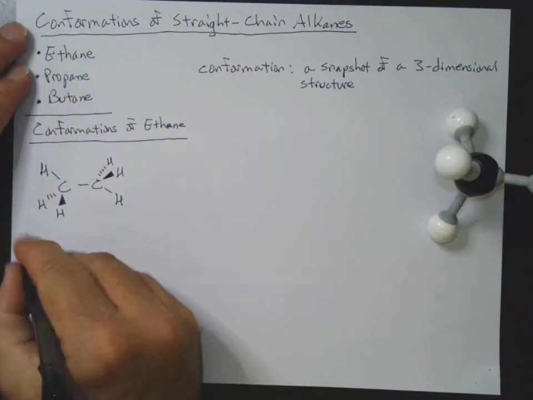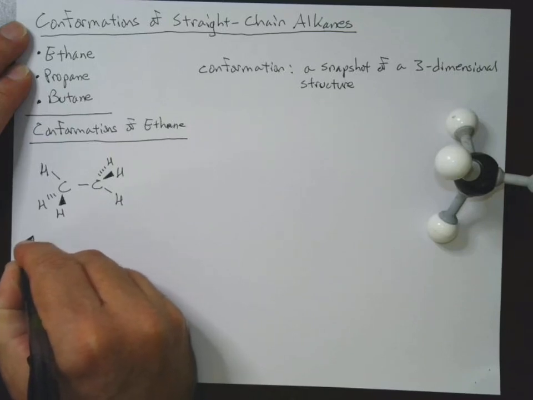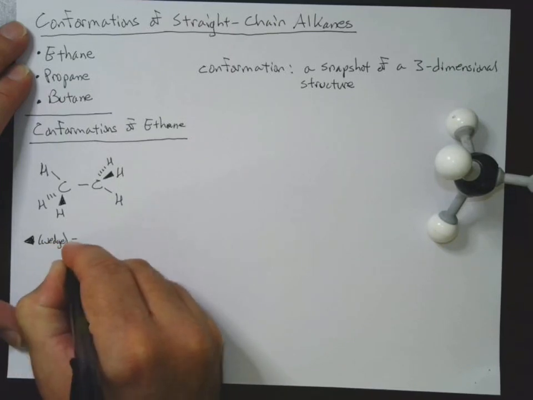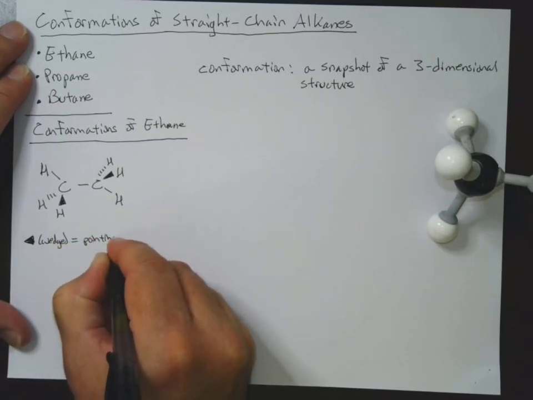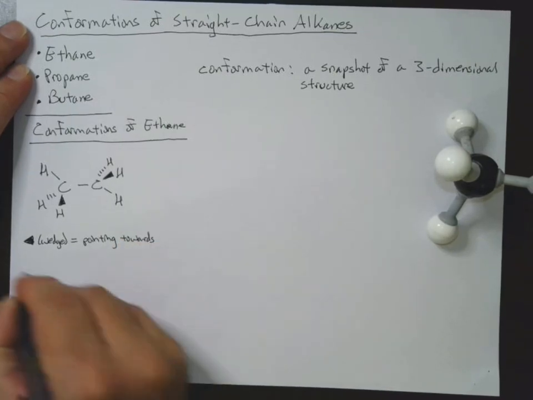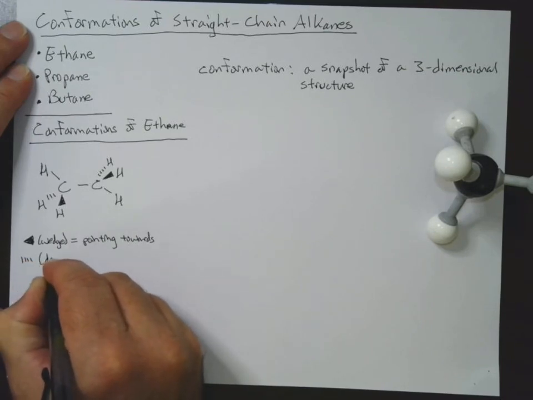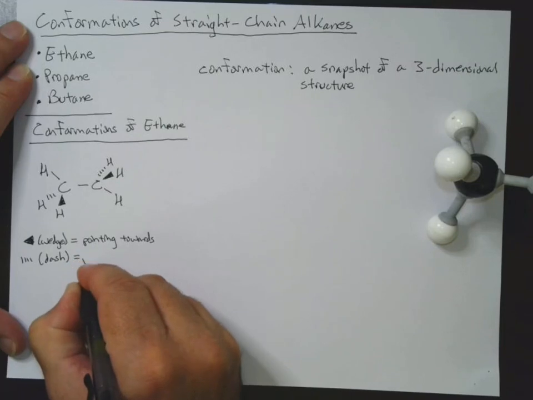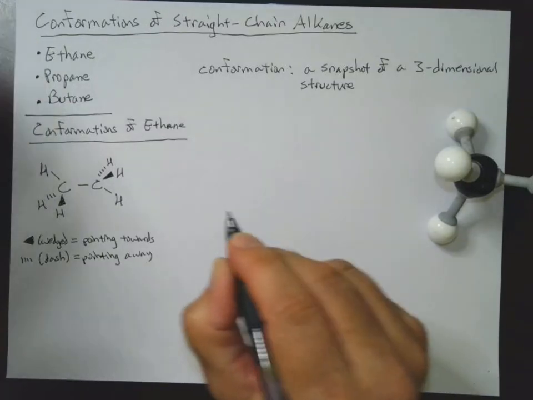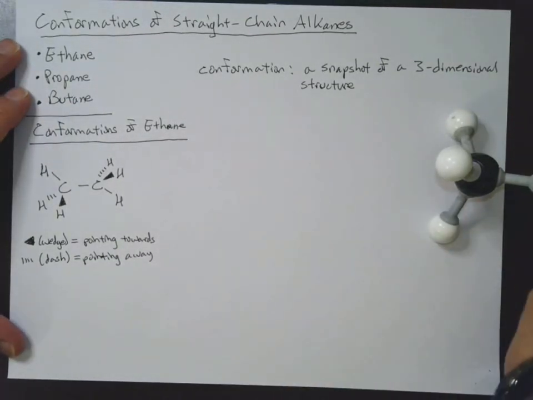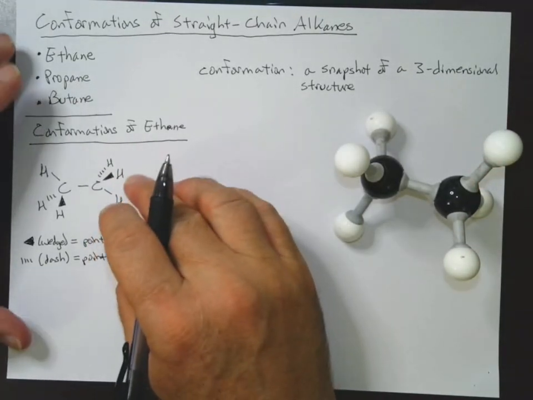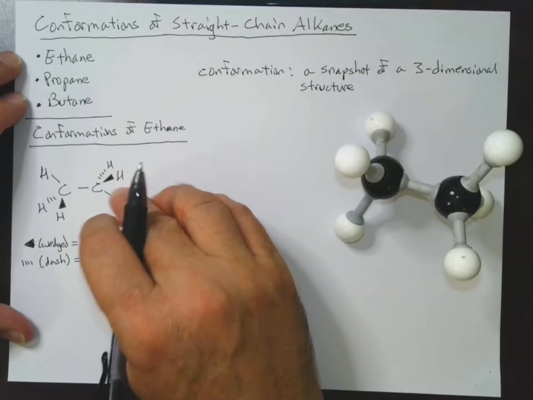So if I want to, I can actually represent this in different ways. So this is my representation of the three-dimensional structure on a two-dimensional piece of paper.